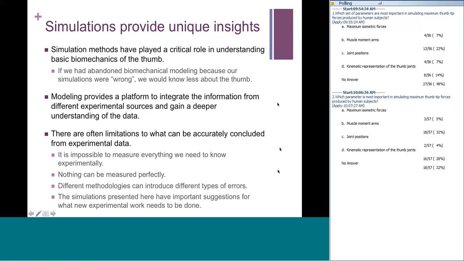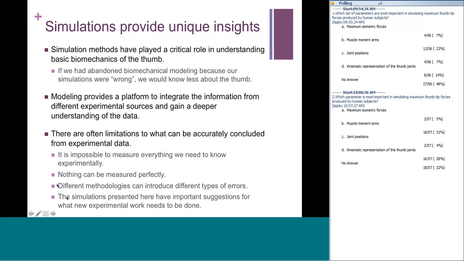So it's a necessary problem that we have to step between different experimental techniques, and the model is a way to integrate that. We know that nothing can be measured perfectly, and here we've demonstrated how different methodologies can introduce different types of errors. An important type of error in these studies is that it's really hard to take this data, and so the studies themselves may have to be underpowered statistically because it's just so difficult to get the data.